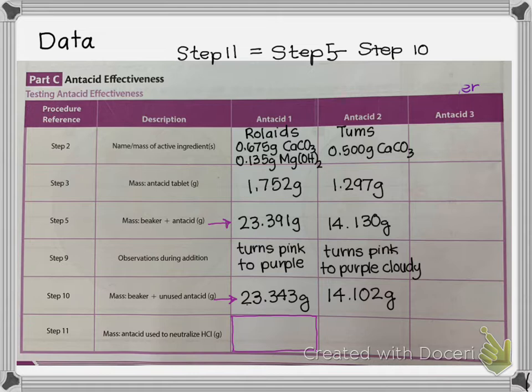So for the Rolaids, I would take 23.391 grams and subtract 23.343 grams. Okay, so I'll subtract those 2. And I get 0.048 grams in my calculator. I can write it up here too.